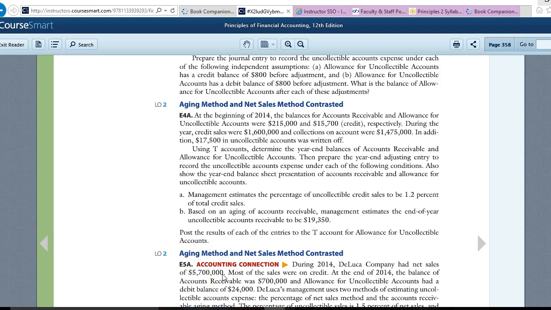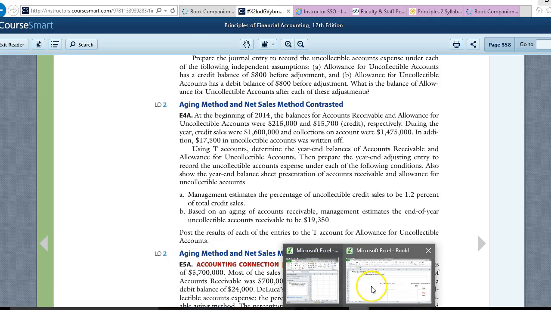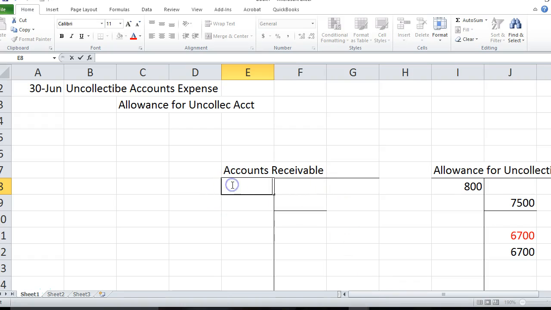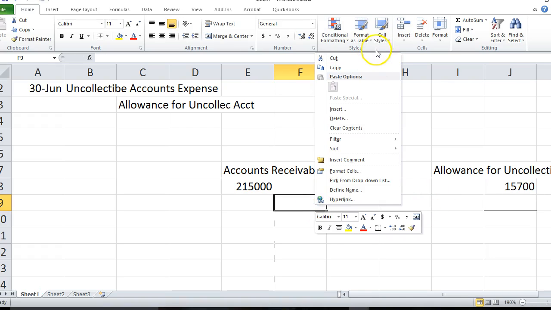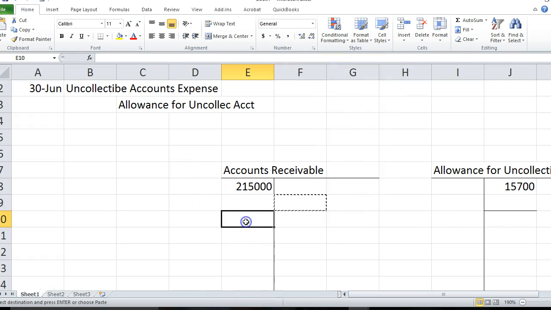Accounts receivable was $215,000 and the allowance was $15,700. $215,000, and this one was $15,700.